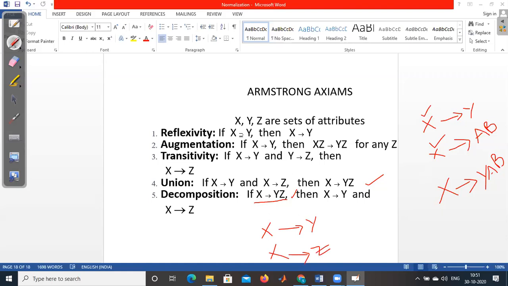In this case, X → YAB can be written separately as X → Y, X → A, and X → B. So this is the decomposition rule.